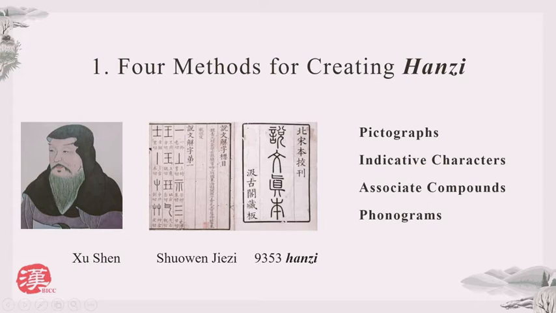In this dictionary, he sums up 6 methods for creating Hanzi, which have had an important influence. Among these methods, there are 4 main types, which are pictographs, indicative characters, associated compounds, and phonograms.